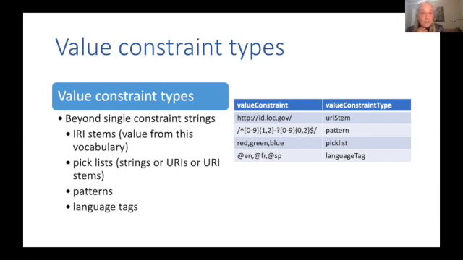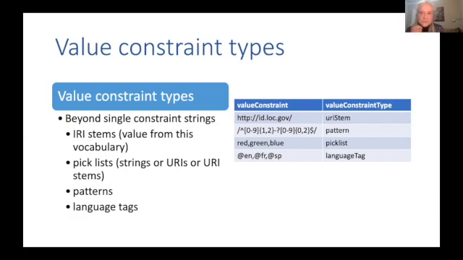There's also a possibility that you may want to use patterns like regex patterns, and that would be applied to whatever is in the value. Another very common thing is to have a small list of valid elements. So for example, a pick list of colors. You could have a small pick list of, let's say if you're doing an educational institution, a list of departments.